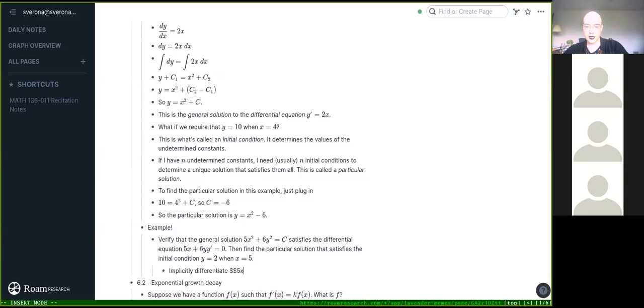So if I do implicit differentiation on this equation here, I get, let's see, the implicit derivative of 5x squared is going to be 10x. The implicit derivative of 6y squared is going to be 12y, chain rule, times dy dx, which is y prime, equals, on the other side now, the implicit derivative of a constant is 0.